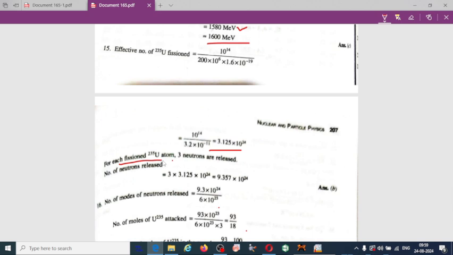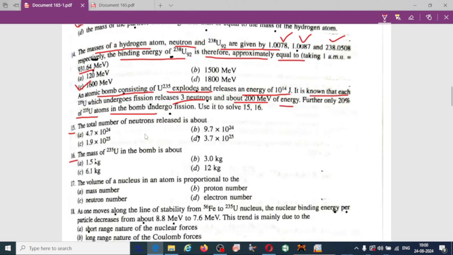For each fissioned uranium 235, 3 neutrons are released. So number of neutrons released is, you have to multiply the value into 3. Then you will get 9.3 into 10 to the power 24. So the option B is correct for this question.